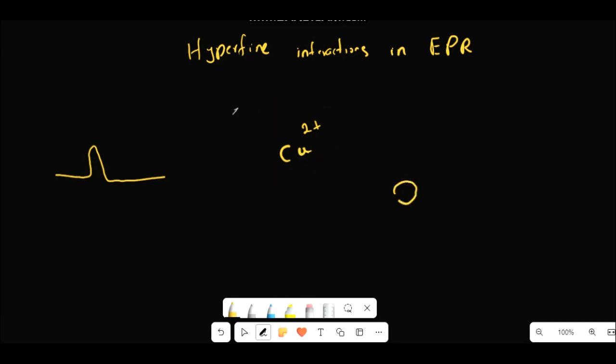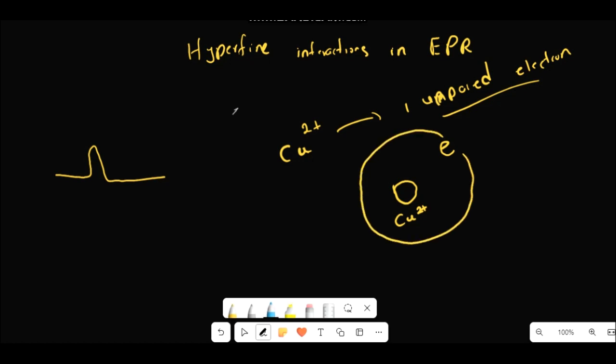Here we have the copper 2 plus nucleus, and let's assume it has one unpaired electron.